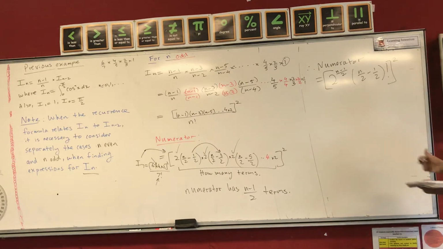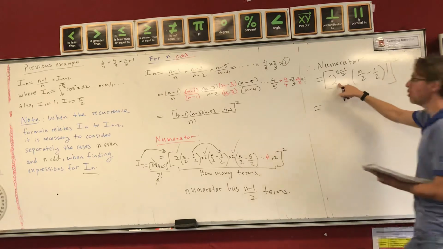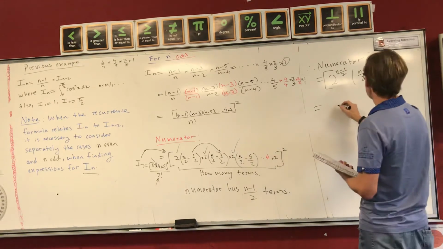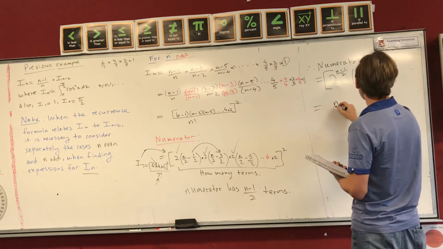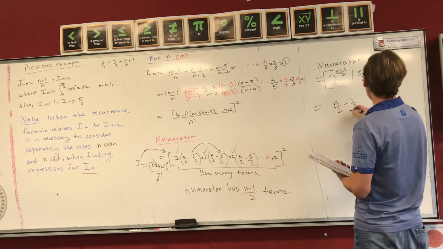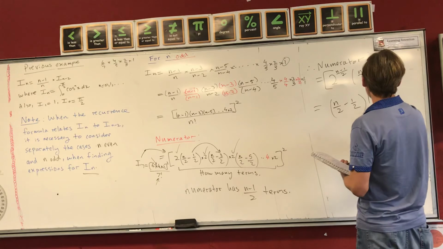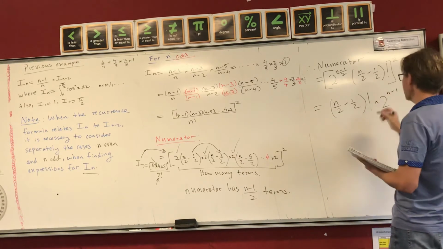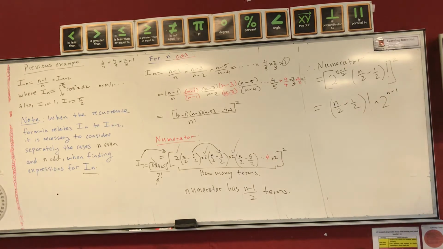That's looking good. So what we can now do is take the 2 out of those brackets, can't we? Combine with that power. So that's going to be n on 2 minus a half factorial multiplied by 2 to the n minus 1. That's all good.